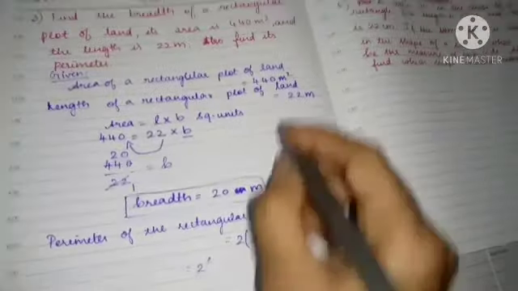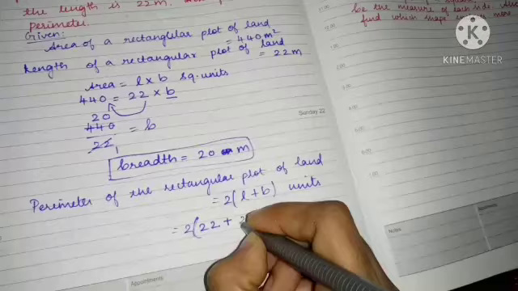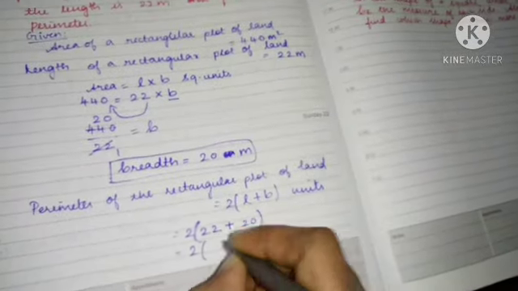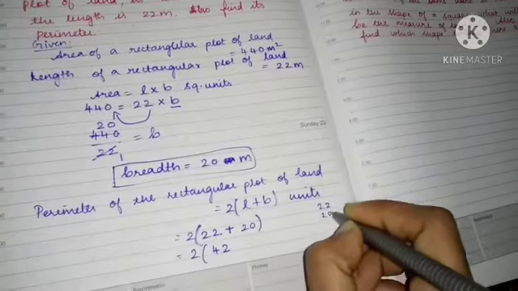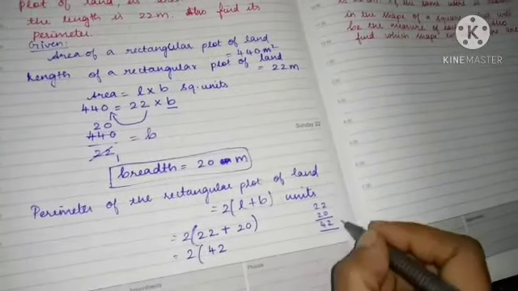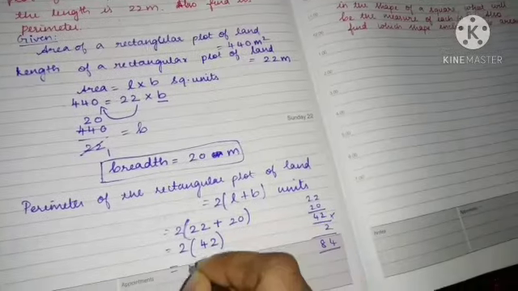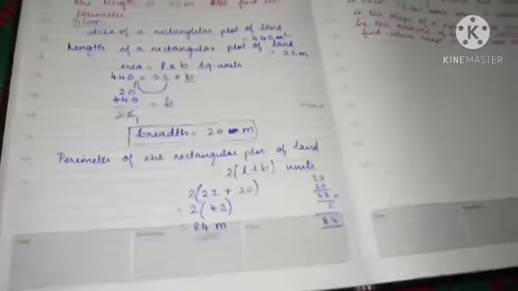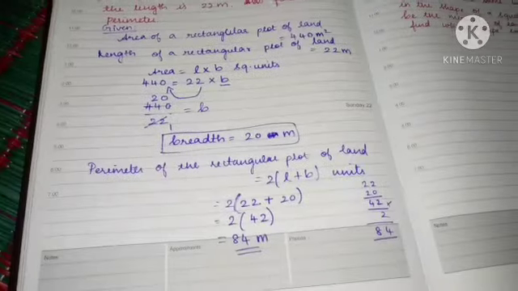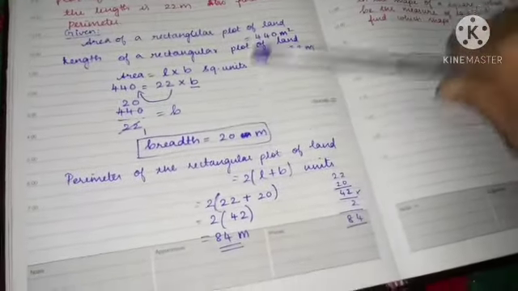So L is how much? 22. B is how much? 20. So 2 into (20 plus 22), that is 42, right? 42 into 2, 2 2s are 4, 4 2s are 8. So 84 meter is the perimeter of the rectangular plot of land. So using this area and length, I have found the breadth. Using this length and breadth, I have found the perimeter.